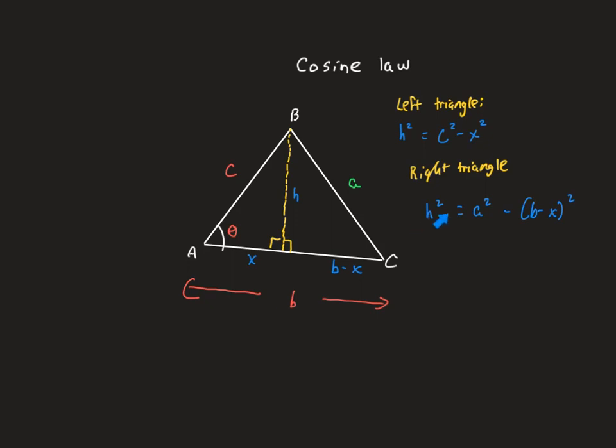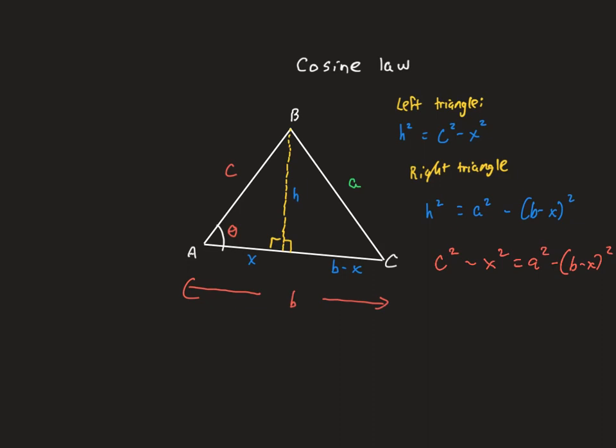If I know h squared is equal to this, and h squared is equal to this, I can literally solve this using substitution. So I can say that instead of h squared, I can put c squared minus x squared is equal to a squared minus (b minus x) squared. Okay? So now you just want to isolate your a. So you want to move away everything that doesn't have to do with a.